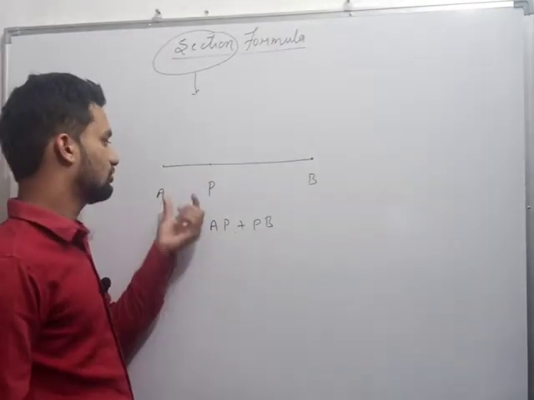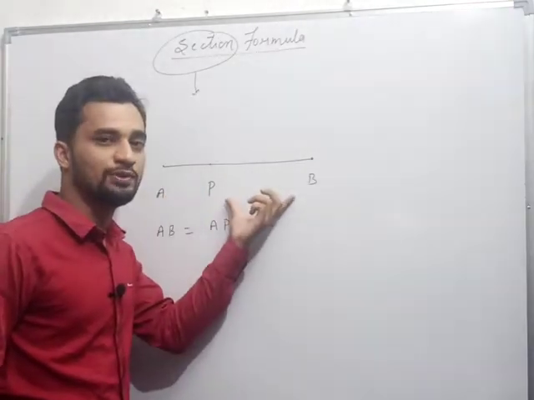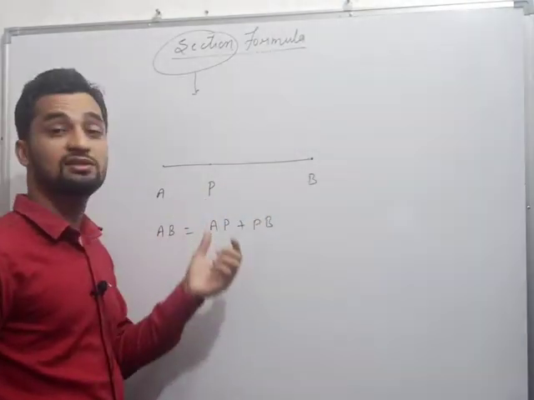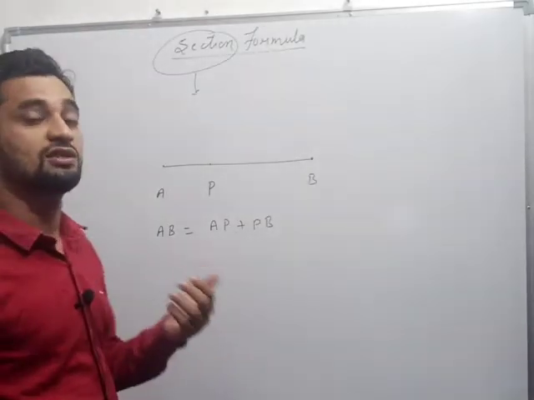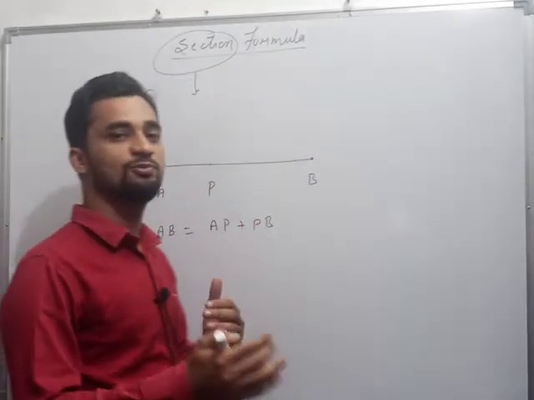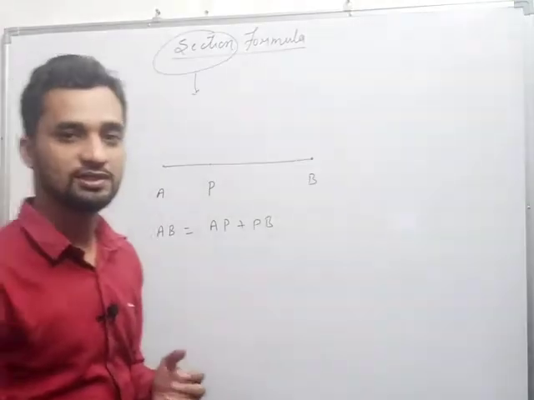But we are not sure whether AP is equal to PB, or whether AP is greater than PB, or AP is less than PB. So there should be some ratio to make sure which part is greater and which part is smaller.